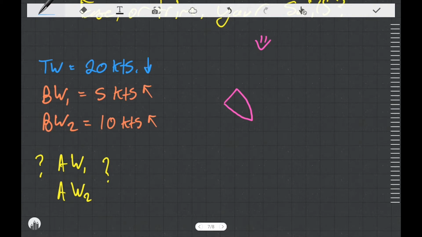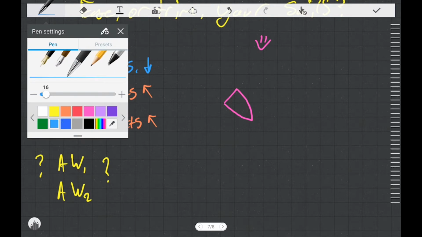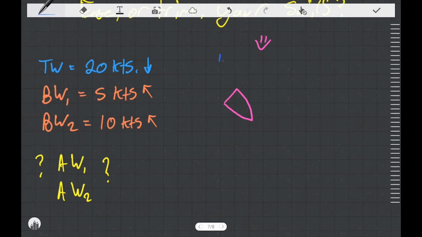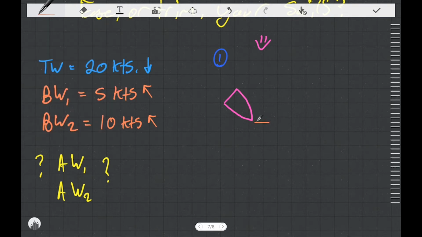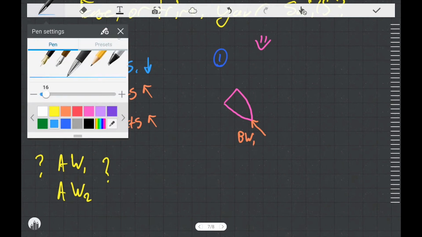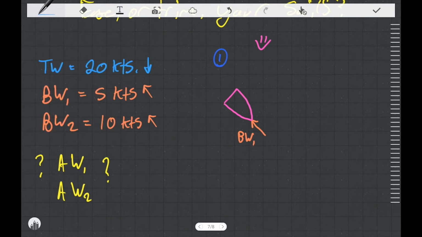So why don't we make diagram number 1 with our 5-knot boat wind? So for diagram number 1, we're going to say that we have 5 knots of boat wind, about that long, and it's pointed straight at the bow of the boat, BW1. We know, of course, that 20 knots of true wind is blowing straight down the page, so that's 5, 10, 15, 20 knots of true wind blowing straight down the page.